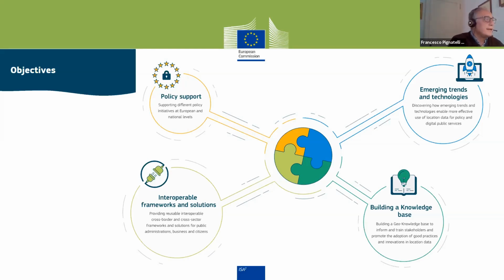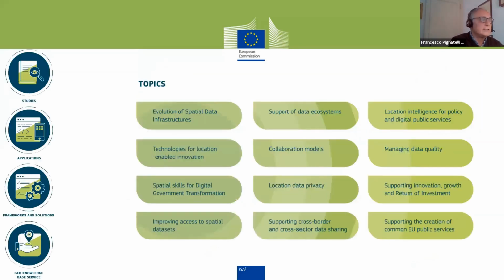So next slide, please. In which way have we done all this? With four main outputs: with studies, with framework and guidelines or recommendation, reusable tools, with pilots and application, and also with capacity building and stakeholder support in the various areas.